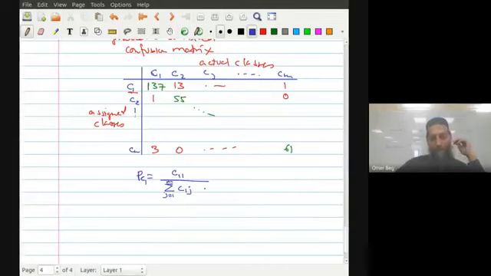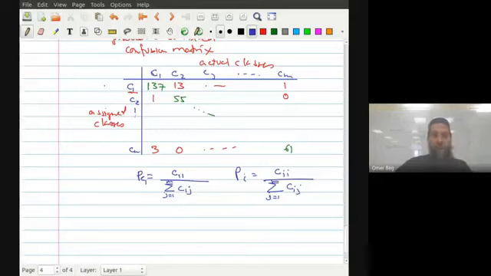So if I were to convert this to some random class i, the precision of i would be Cii divided by the summation of Cij, where j goes from 1 to m. Okay?